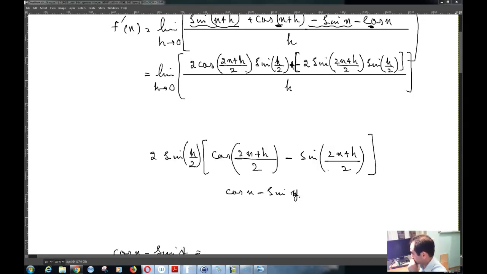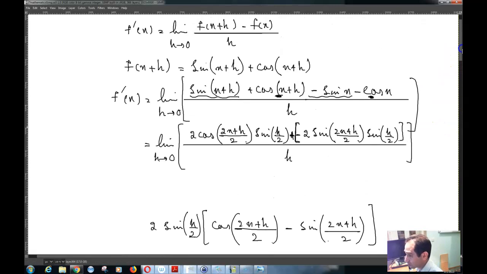Let's see. So you see what they have done over here is that... it seems that there is no way to solve this problem this way.